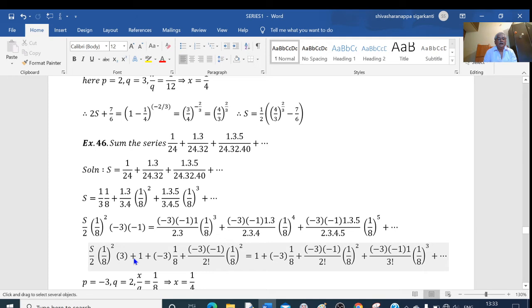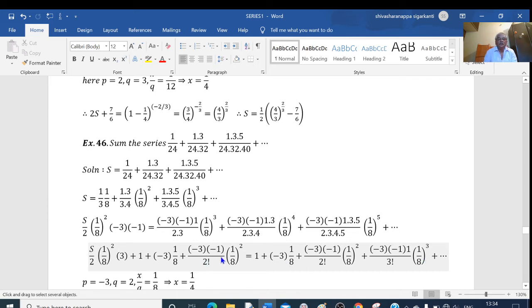Okay, I am adding plus 1 plus minus 3 into 1 by 8 plus minus 3 into minus 1 divided by 2 factorial into 1 by 8 square equal to, on the right side also I am adding the same terms, 1 plus minus 3 into 1 by 8 plus minus 3 into minus 1 by 2 factorial into 1 by 8 square plus these remaining terms as it is.